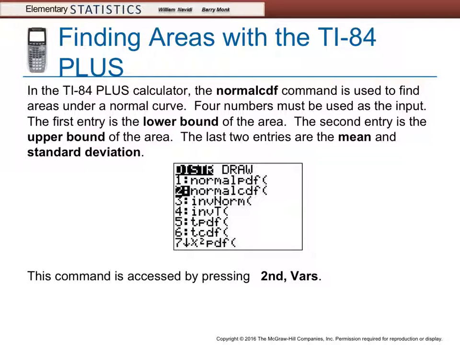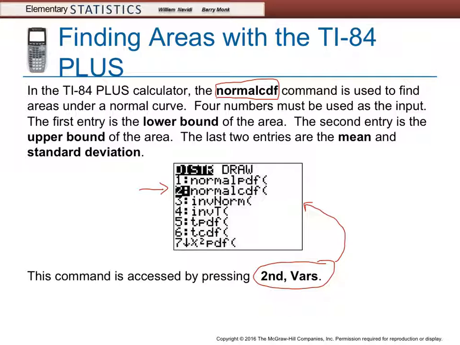So in using the TI 83 or 84, we're going to use the command normal CDF. And we find it by pressing the two keys second vars. When we do that, we get this particular menu screen, and we choose option 2.